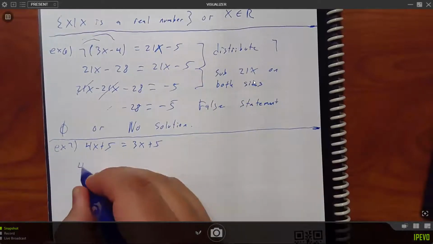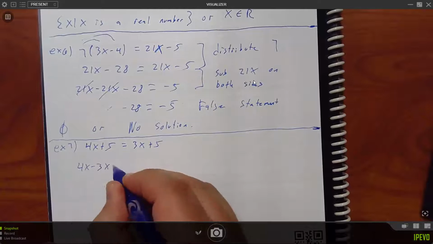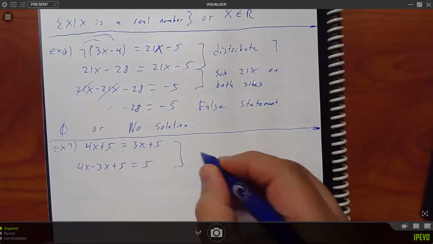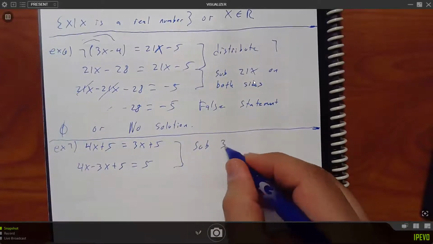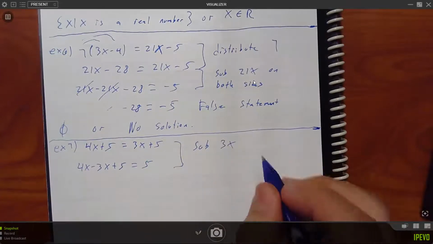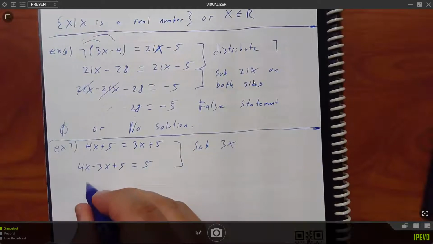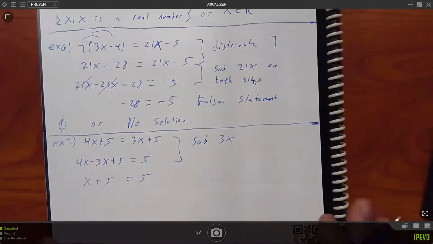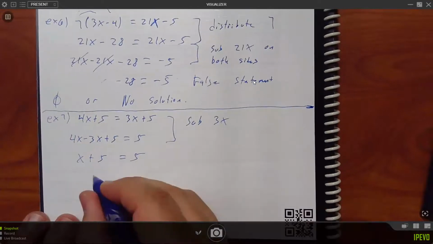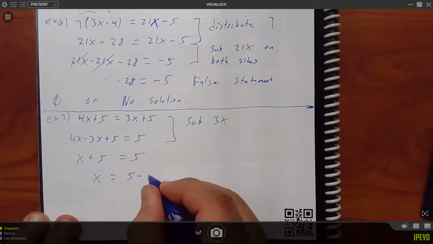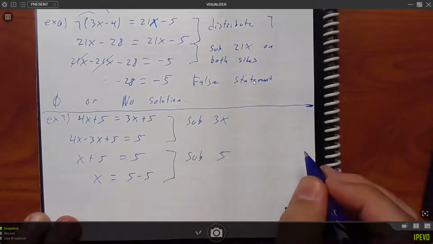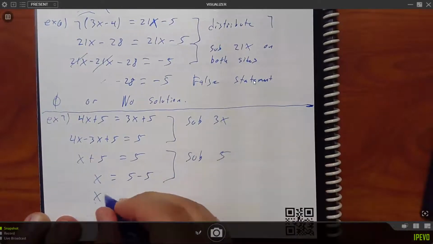You're going to get 4x minus 3x, then we get x plus 5 equal to 5. Subtract 5. We get x equals 0.